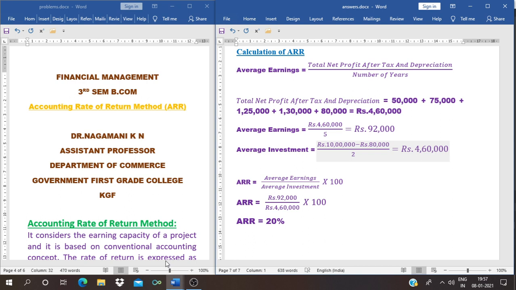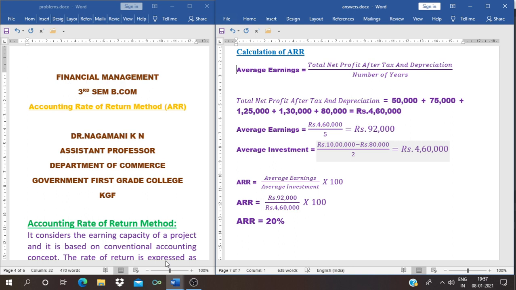Before going to that, in the previous sessions we have discussed methods of capital budgeting. There are two methods of capital budgeting: one is the traditional method and the other is the discounted cash flow method.